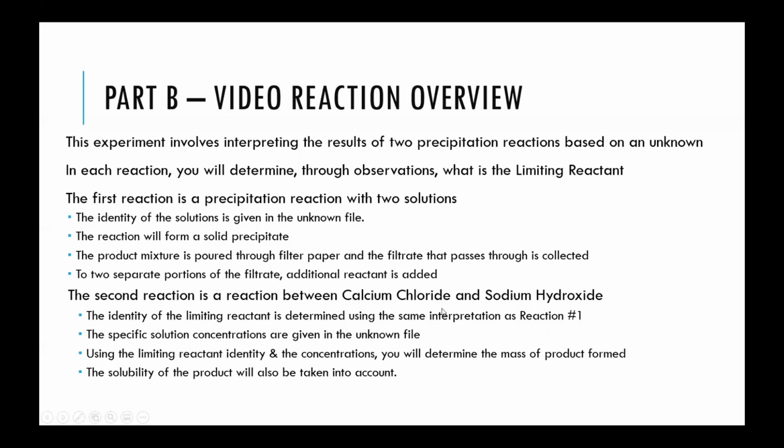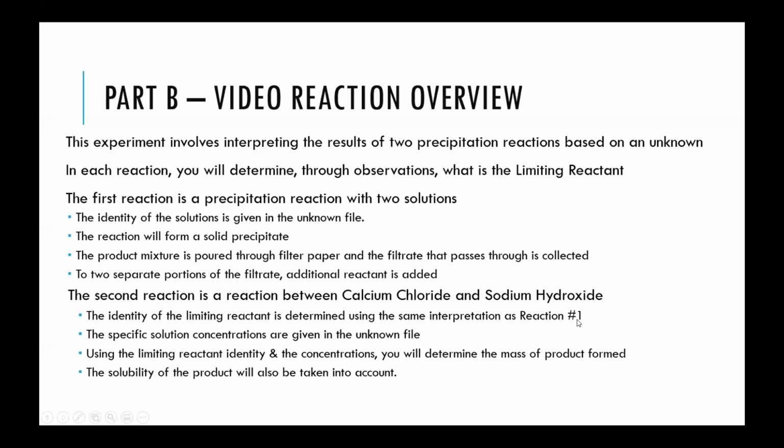specifically between calcium chloride and sodium hydroxide. And in this reaction, you're again going to go through and see what is the limiting reagent based upon the observations, but then also the unknown gives you what is the concentration of the original solutions. And from those concentrations and the overall volumes, you can determine not only what the limiting reactant is, but also how much of it is there and what is the final mass of the product of calcium hydroxide.